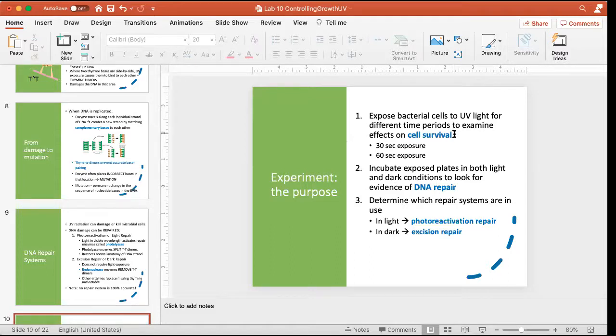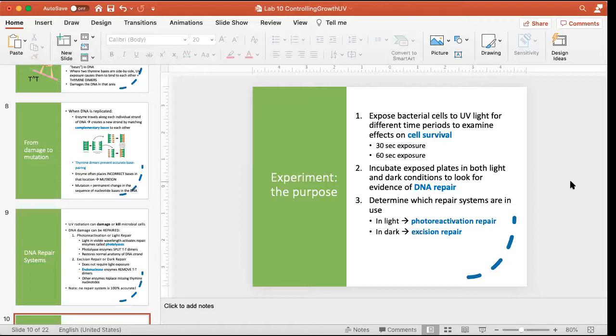We're also going to examine whether or not these bacterial cells can repair damage to their DNA. And since we know there are two different repair systems, one of which requires light in order to function, what we'll do is we'll make doubles of each plate.